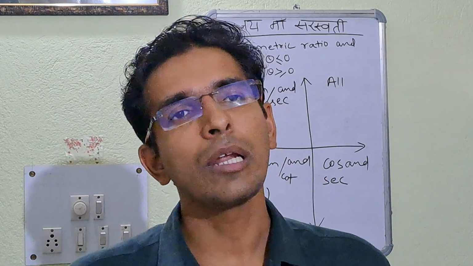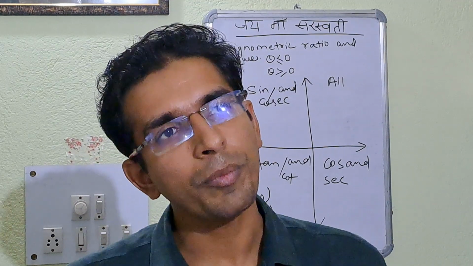Whenever we want to calculate height and distance, a very useful topic in mathematics is height and distance. Suppose the angle of elevation is given, the angle of depression is given, and we have to calculate the distance between the 2 points. This type of trigonometrical question we generally find in marine engineering.